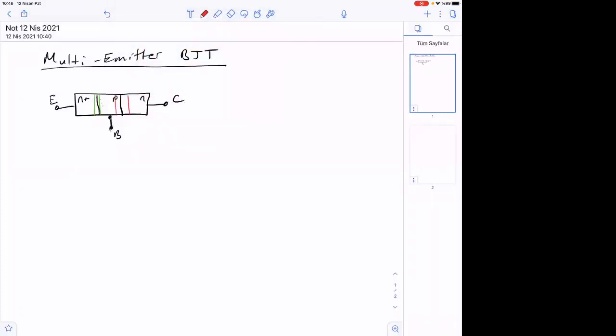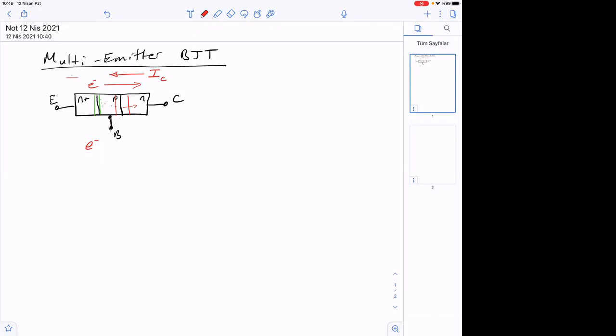Any electron that's coming here is swept through the collector. So any electron here will move from here to the collector. That means current is in this direction. This is the basic thing we learned about, and we call this the collector current.